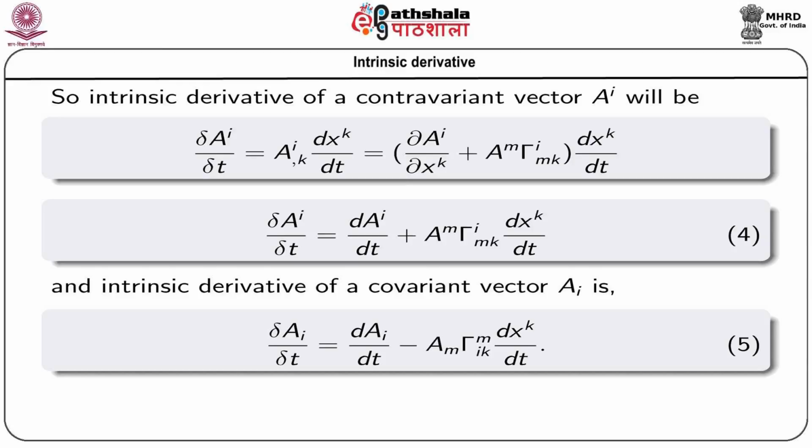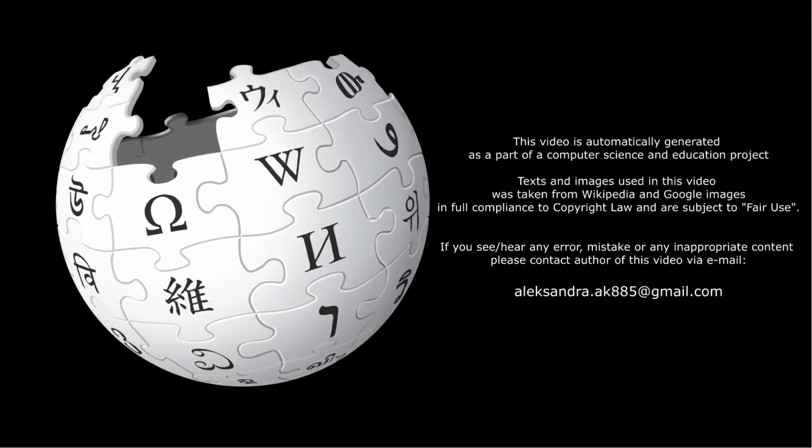B1 equals x1 q1 e1 plus x2 q1 e2 plus x3 q1 e3. B2 equals x1 q2 e1 plus x2 q2 e2 plus x3 q2 e3. B3 equals x1 q3 e1 plus x2 q3 e2 plus x3 q3 e3.